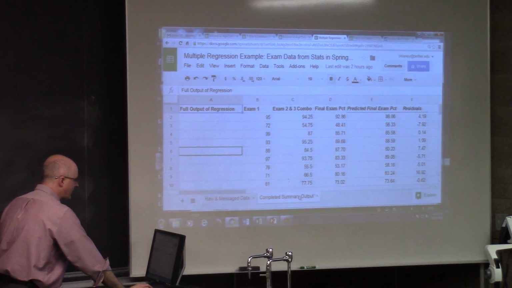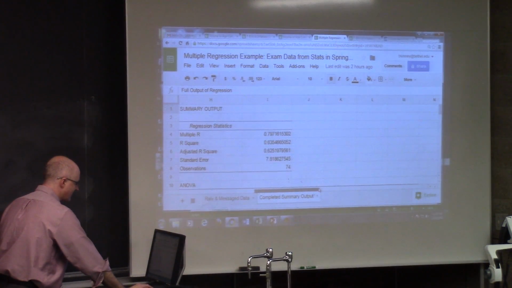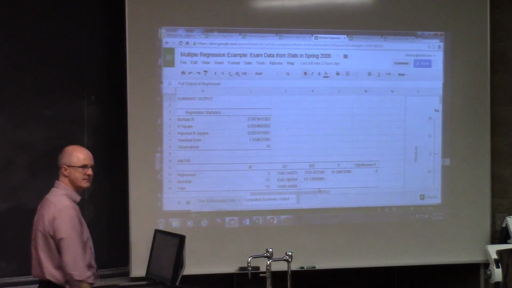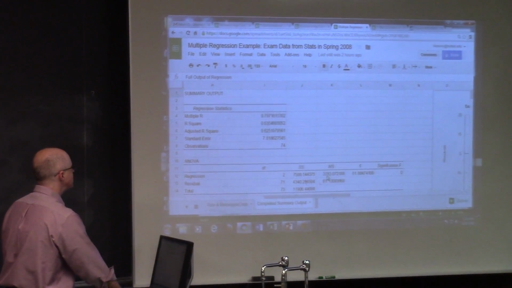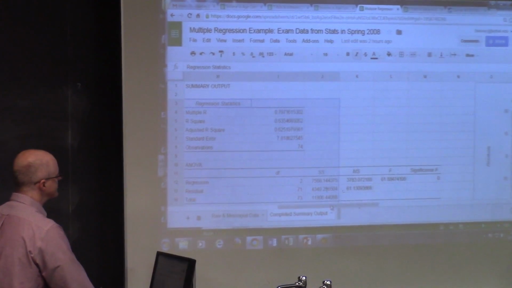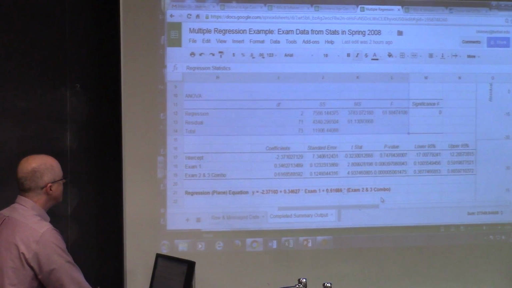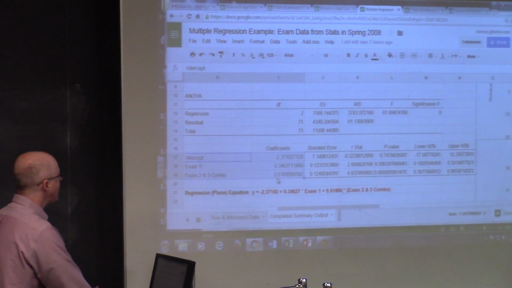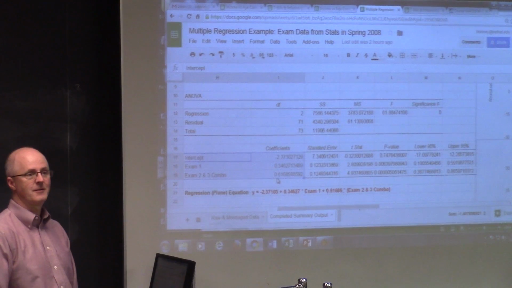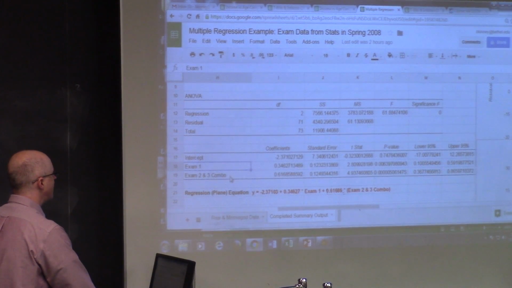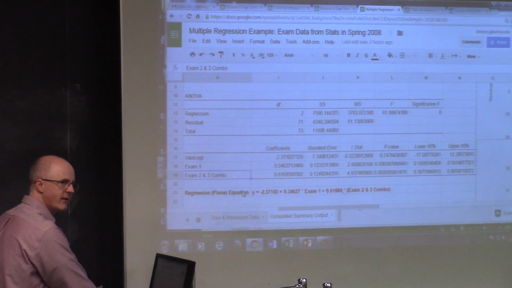I got my summary output over here. Let's take a look at the summary output and notice similarities and differences between what we've done before. This part looks the same, though there are some differences, which I will say in a minute. This part, however, looks different. Look at that. You've got 3 rows there: intercept, exam 1, and exam 2 and 3 combo variable.